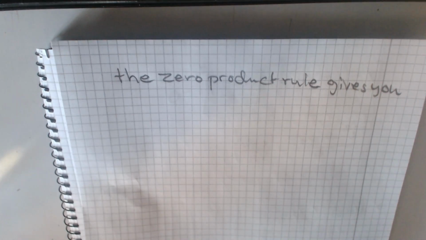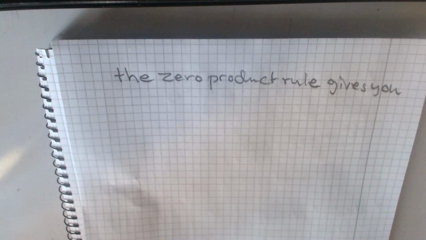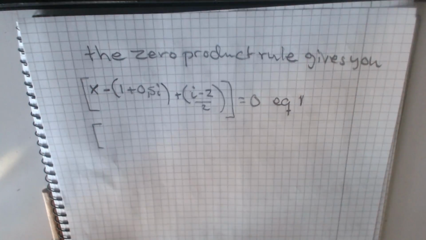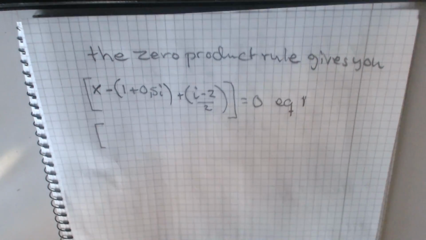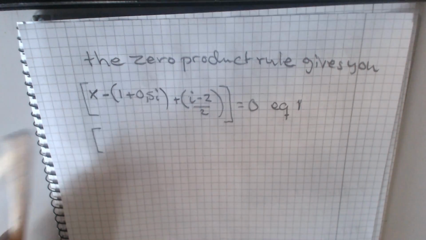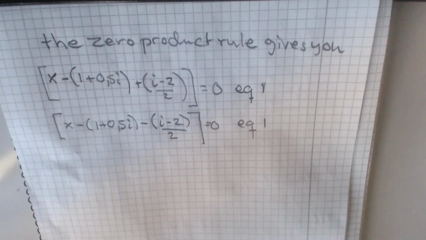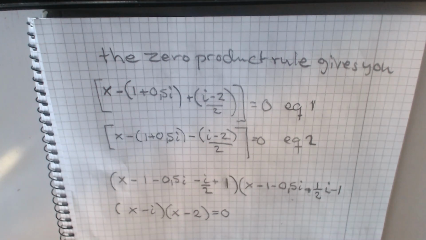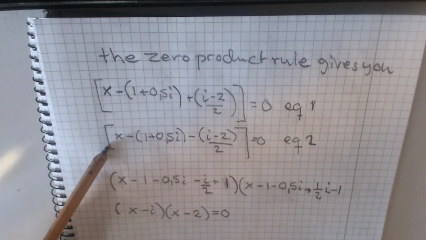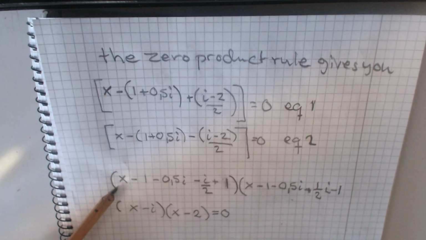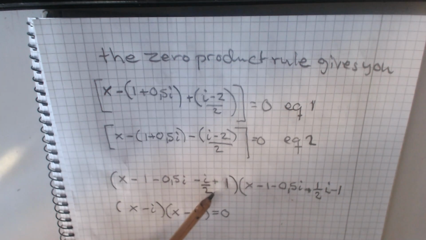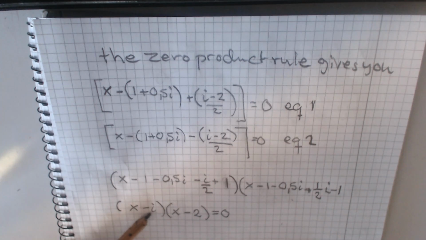The zero product rule gives you equation 1 and equation 2, and that results in this one here.